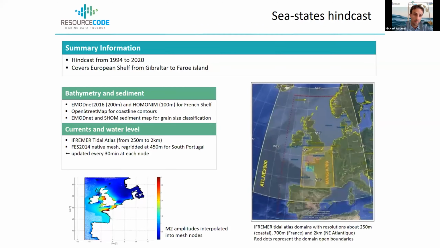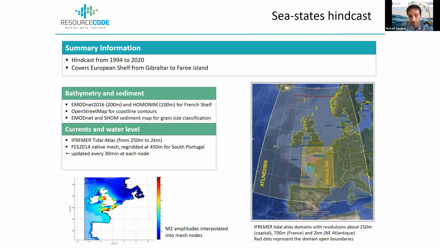And so to force the model, we have used current and water levels. Since we were not able to find any model output covering the whole domain and the whole period of the hindcast, we've used tidal atlases, from the Ifremer tidal atlas and the FES 2014.